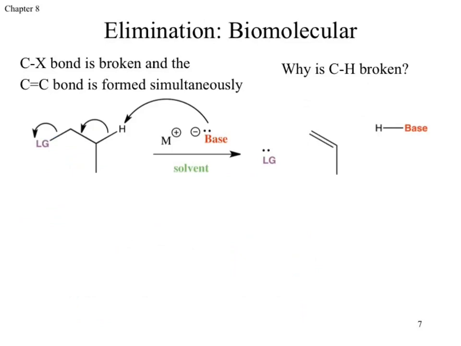Here's a consistent pattern. For the SN2, what did we want in our nucleophile? Strong. For the E2, what do we want in our base? Strong. For an SN1, what did we want? Weak. For an E1? Weak. So if you look at the strength of your nucleophile or base, if it's strong, which mechanism are you pushing?